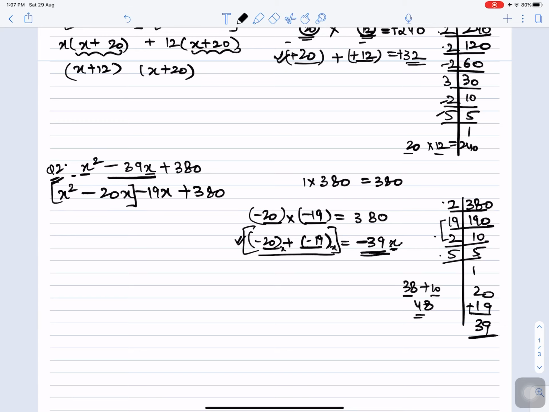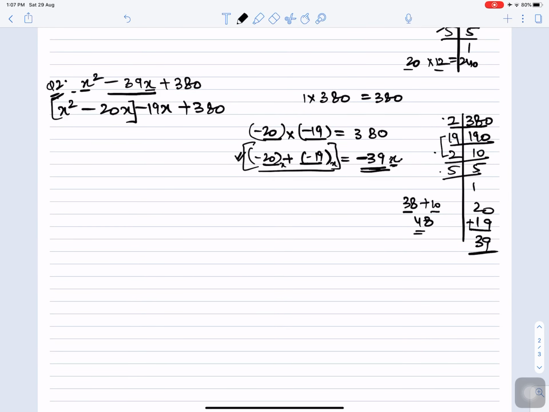Now the point appears where most of the students get wrong. So what we do, we take out x minus 20. Now what should I do in this case? See, take care. It is the negative sign with 19, not with 380. So if I take minus 19, for the first term, for this minus 19x, I am left with x, and with this 380 I am left with what? 19 multiplied by 20 will be 380, 20.